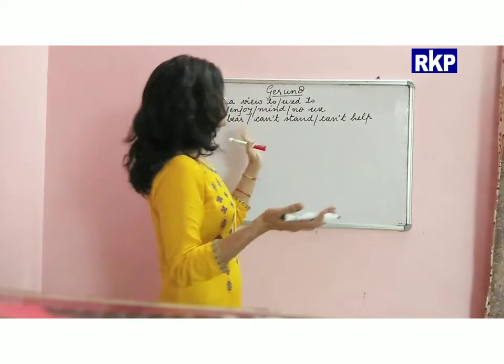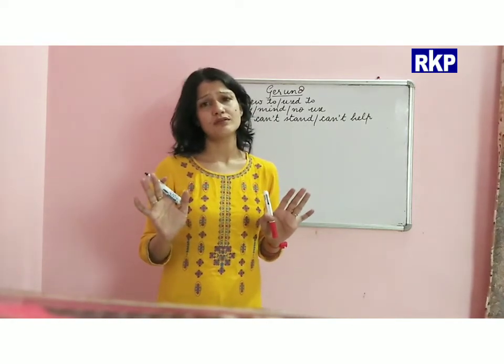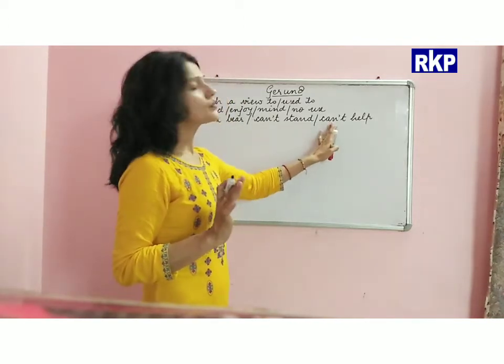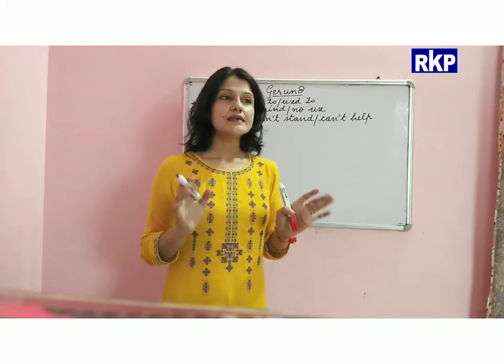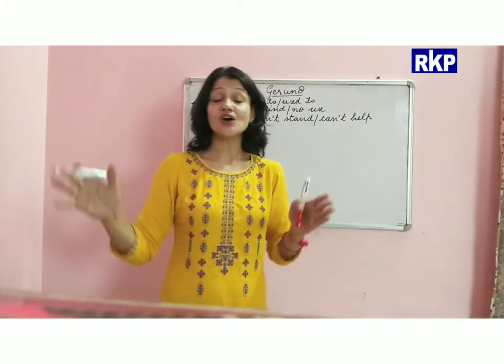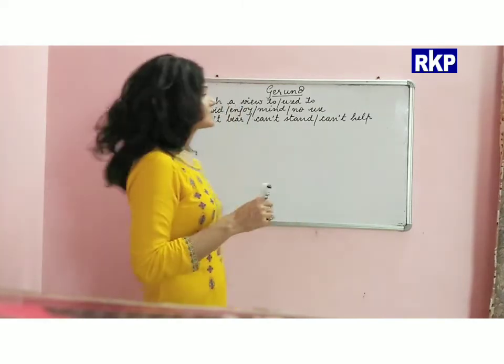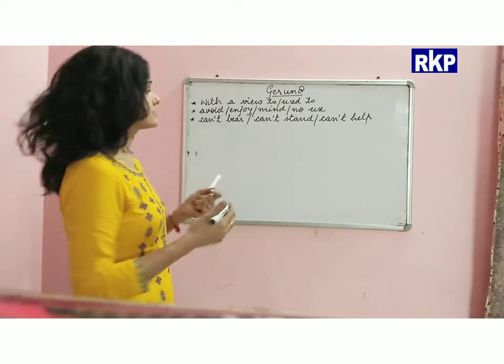Like can't bear, can't stand means you cannot tolerate it anymore, right? And the third one is can't help. Can't help means something that you cannot avoid. So let's take the help of a few sentences here.